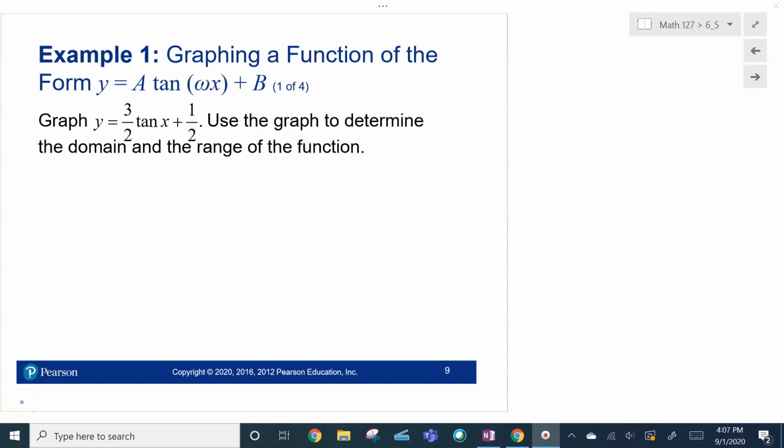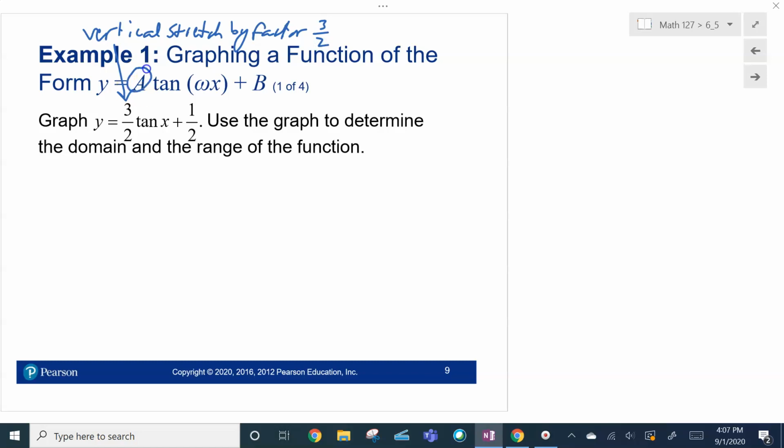We're going to take a look now here. We stopped as we're about to examine this function of the form a tangent omega x plus b. So if you look at this 3/2 here in front, if you want to think about your transformations here, this is going to vertically stretch it by a factor of 3/2.